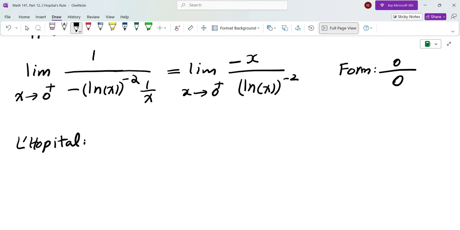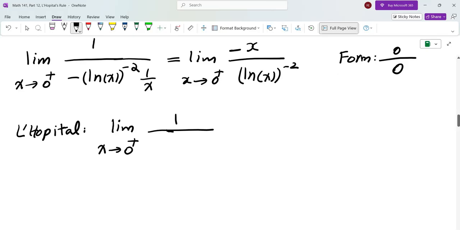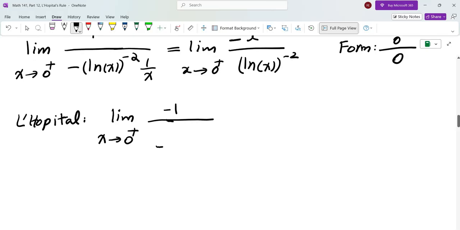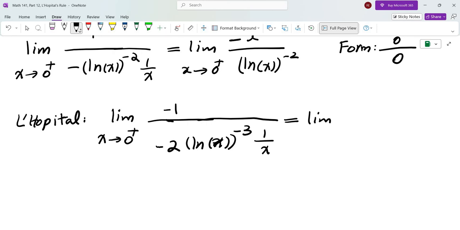If I apply L'Hopital's rule, I would get the limit as x approaches 0 from the right, negative 1 on top, and negative 2 natural log of x to the power of negative 3 times 1 over x. I'm using the chain rule. So let's put the x on top. The two negative signs cancel. We get x over natural log of x to the power of negative 3.